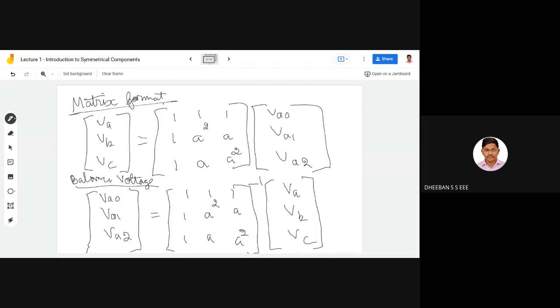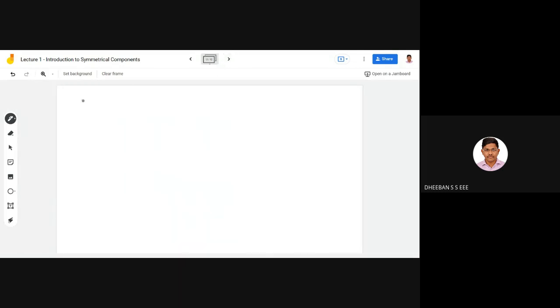And after taking the inverse, you'll be getting the equation as VA0, VA1, VA2 equal to 1 by 3 into. How you are getting 1 by 3 is that you have to take the adjoint of the matrix. So taking the adjoint of the matrix, you will be getting this 1 by 3, and then after that you will be taking the transpose.